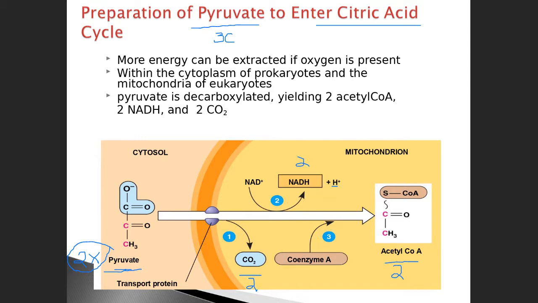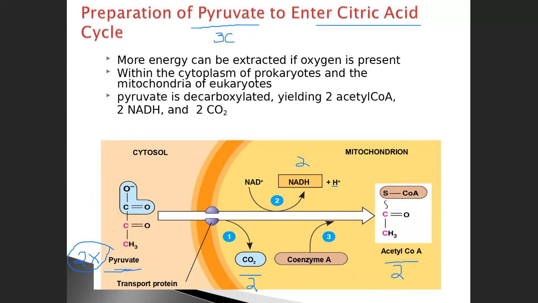2. Very good, right? How many CO2 are formed? 1 per cell, so 2. Good, very good. How many NADH are formed? Is it 2? 2. How many FADH2? I know you know the answer. Tell me.